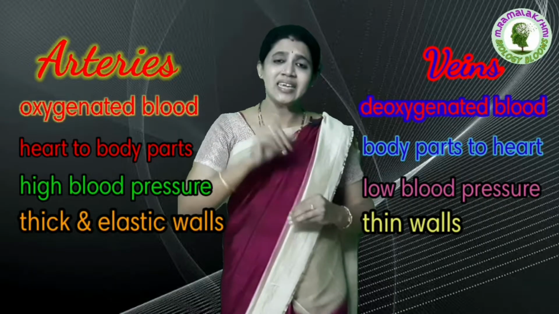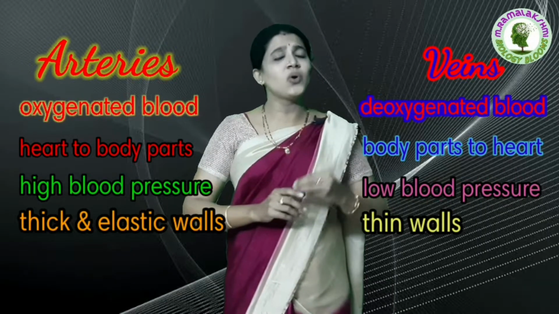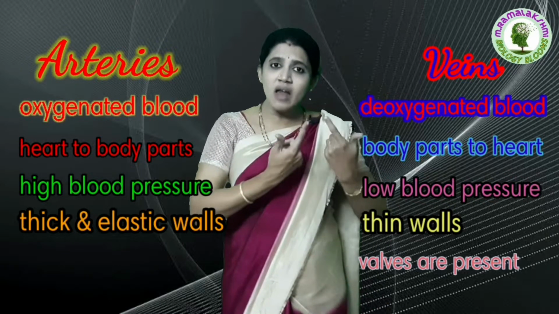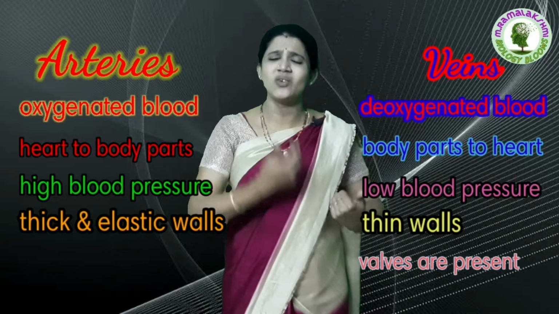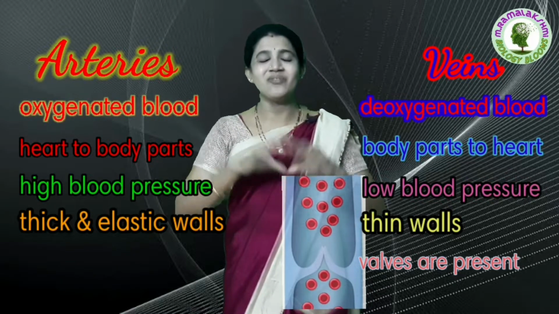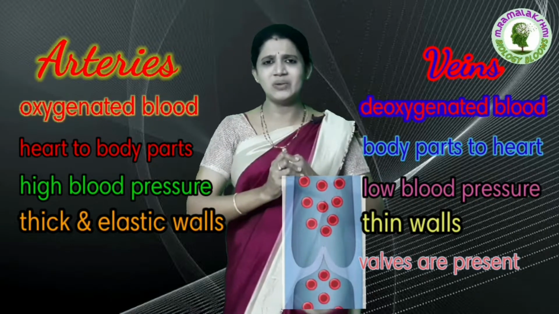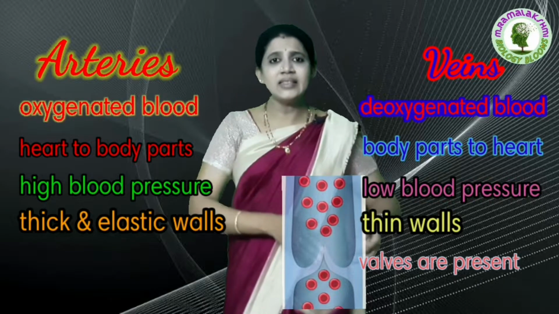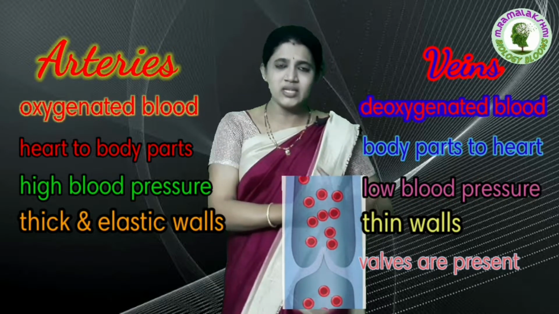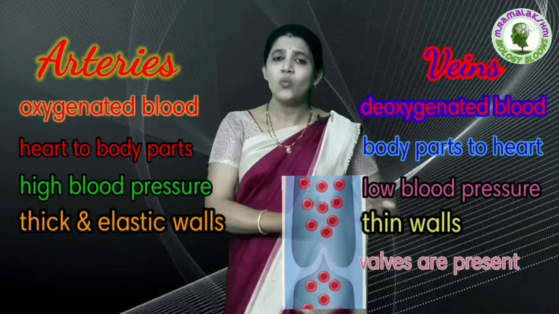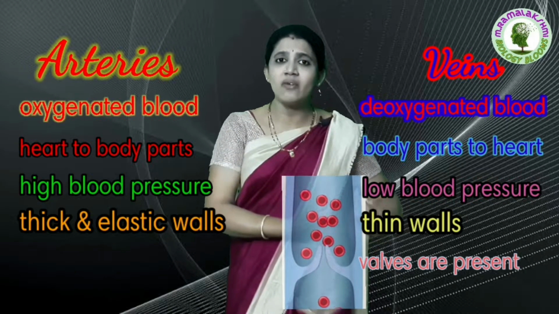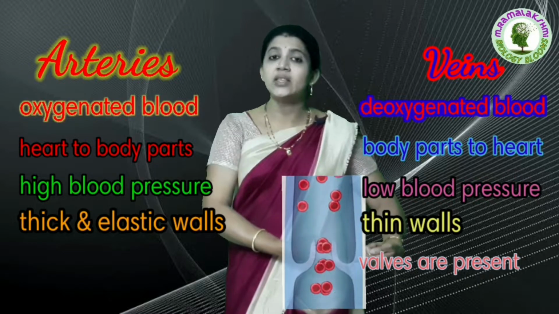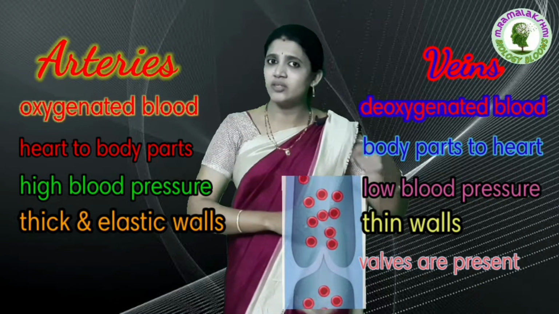So, children, to prevent the backflow of the blood, the veins have valve-like structures. What are these valves? We know that the windows and doors in our house open on only one side. On the other side, they are closed. Like that, the valves also open in one direction only. So they give an onward direction for the blood to flow in the veins. The valves prevent the backflow of the blood in the veins. Children, do you understand the function of the valves?